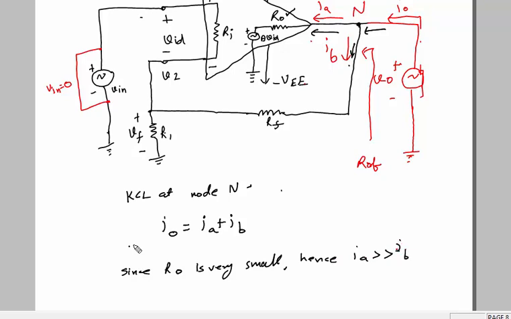IB. R naught has to be small because it is the output resistance of the op-amp, and we know that the output resistance of an op-amp is ideally 0. If you revise the basic properties of the op-amp, it has 0 output resistance ideally, and practically very, very low. We have used this property here, so IA is very much larger than IB.